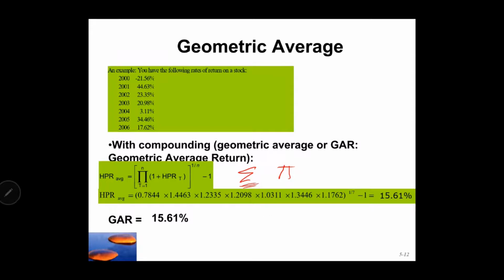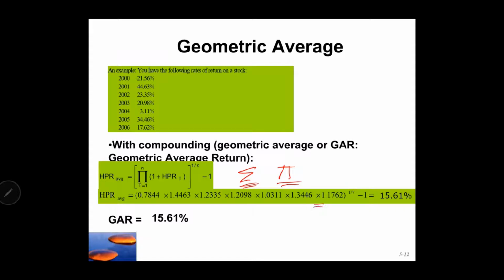The arithmetic average summates or adds the number of observations or the calculated HPRs. In this case you are going to multiply, it's a product. So how are you going to do this? 1 plus HPR, raised to the power of 1 by n, minus 1. So multiply all this, not add.